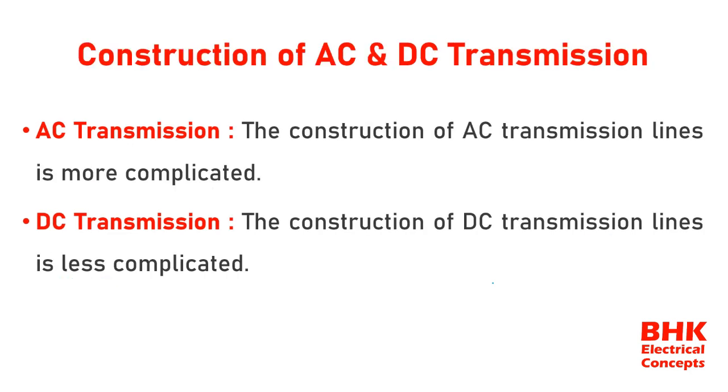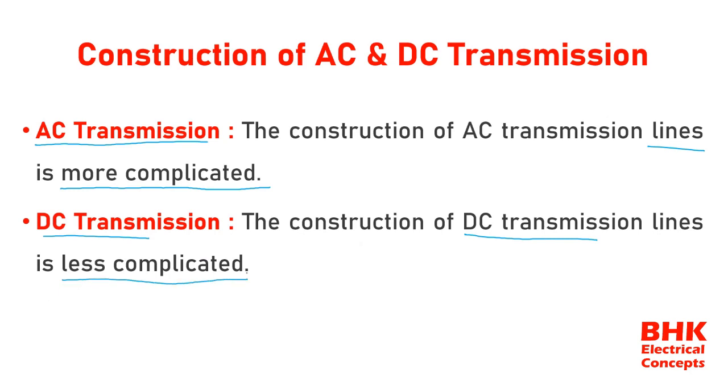Now coming to the construction of AC and DC transmission systems. In terms of construction, the construction of AC transmission lines is more complicated. But in case of the DC transmission system, the construction of DC transmission lines is less complicated compared to the AC transmission system.